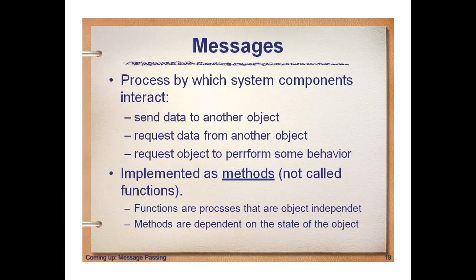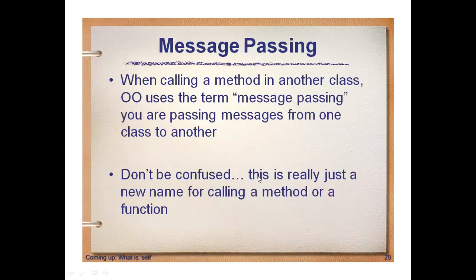A method depends on the state of the object. Methods are purely dependent on the state of the object. How the object is, the method can be used accordingly. So this is the basic difference. Sometimes if I mix them up, please pardon my mistake. But when I use the word method, I'm specifically talking about the class at this moment.